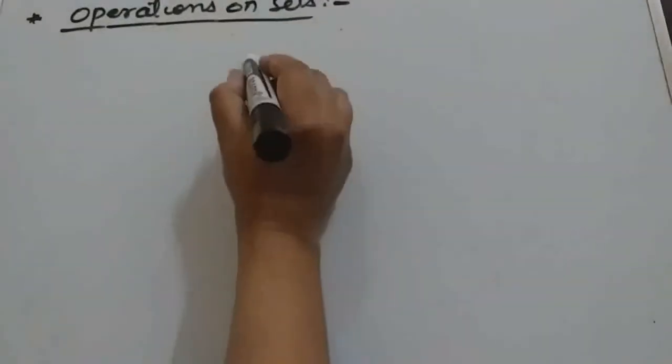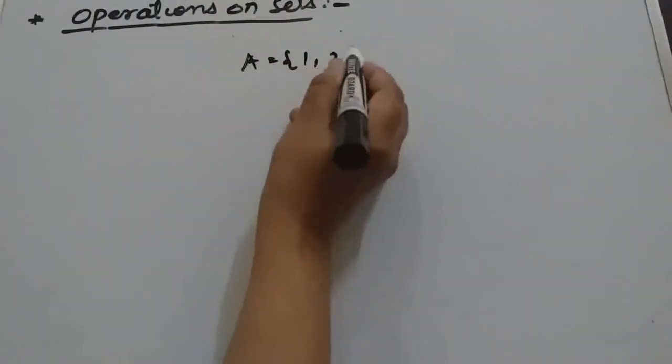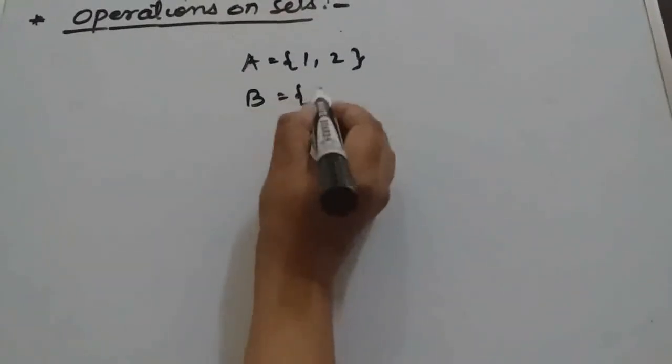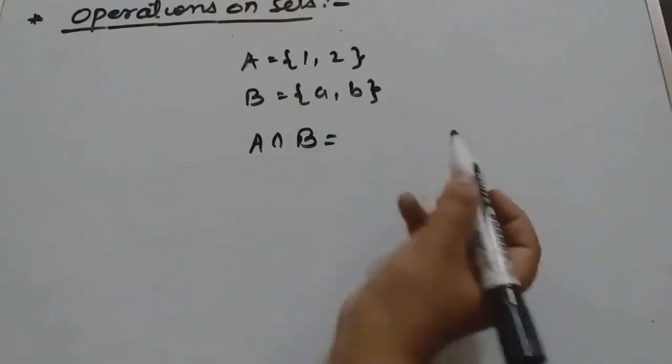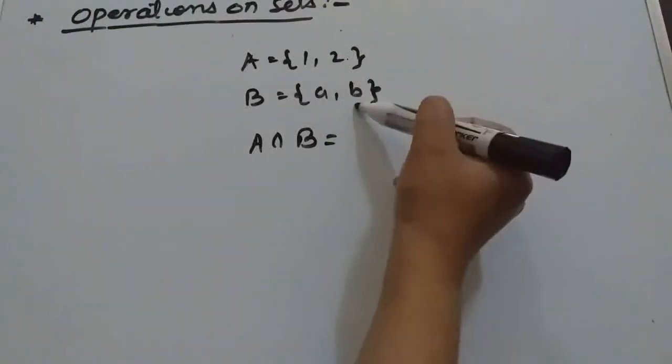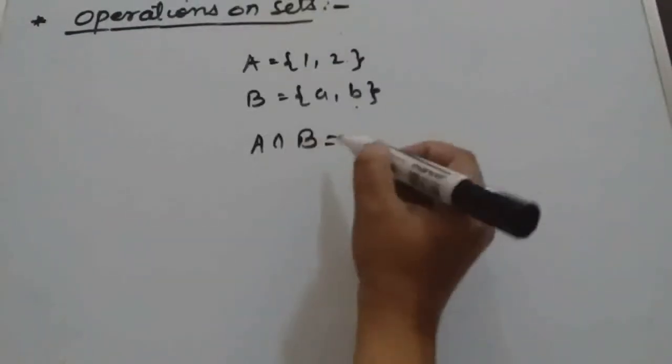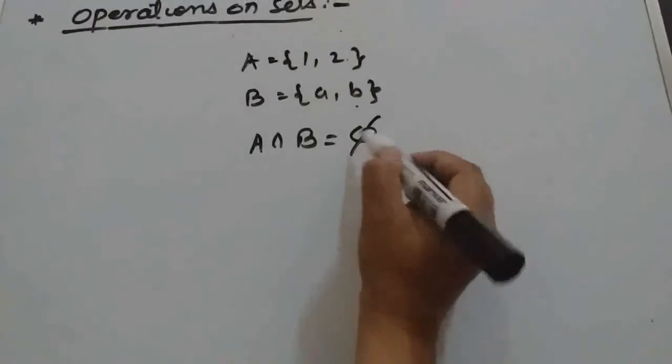Sometimes intersection is empty also. Sometimes you won't get any element which is common. We can take an example of A is 1, 2 and B is a, b. So what will be the intersection? Nothing is common between these two sets, so we can say no element, that means empty set.